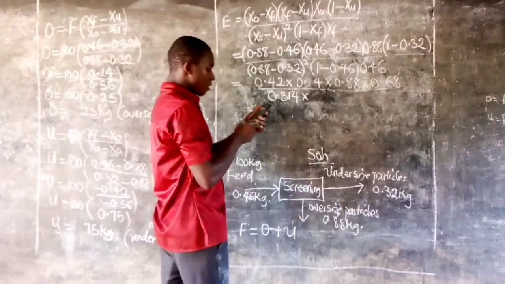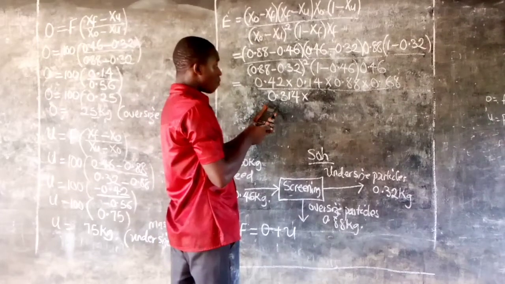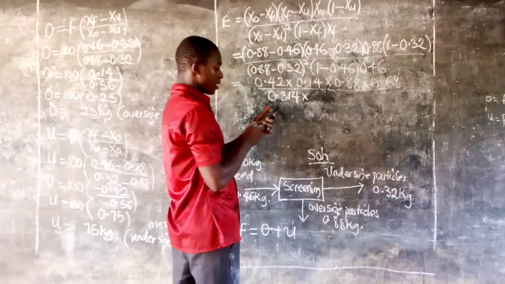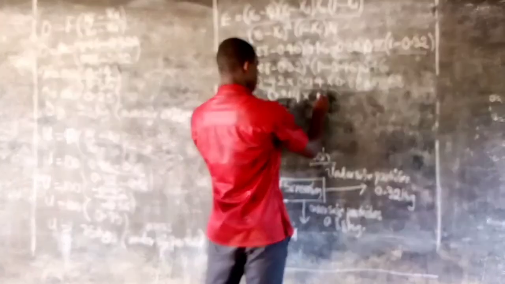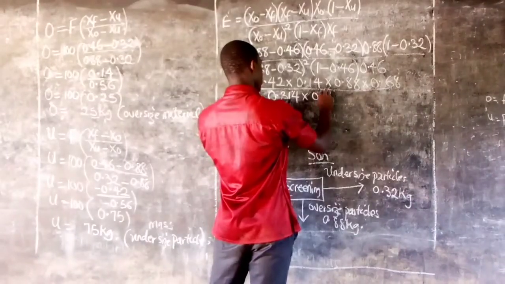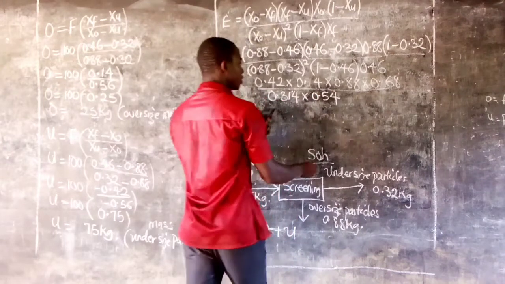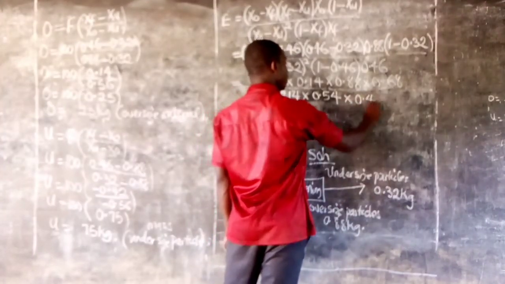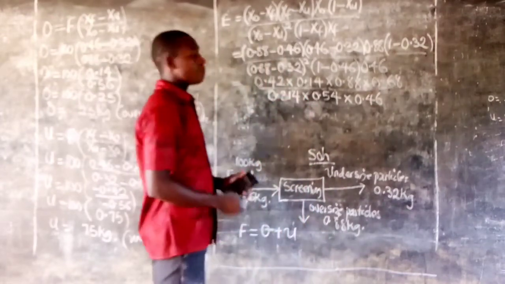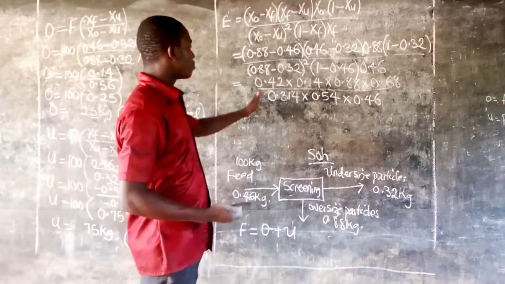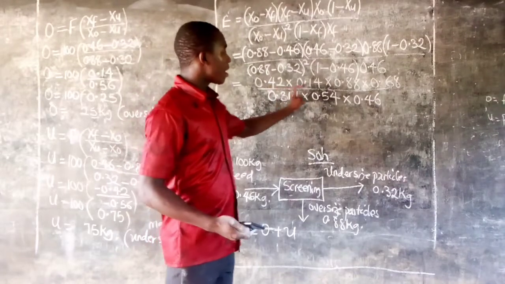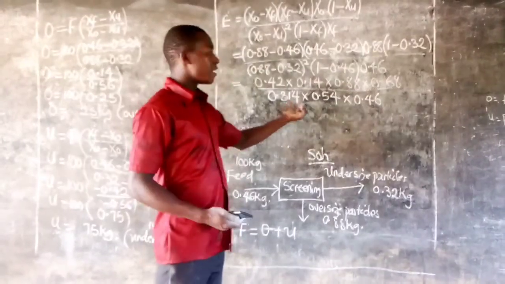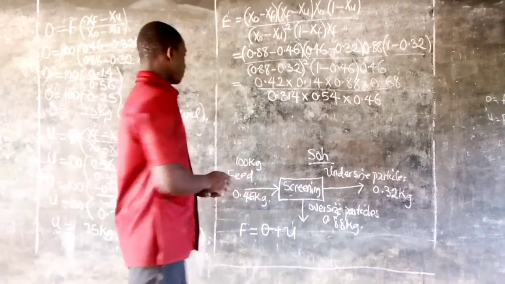So we now have 1 minus 0.46, and that is equal to 0.54, then times 0.46. Now at this stage we are going to multiply all through, and then we now divide.